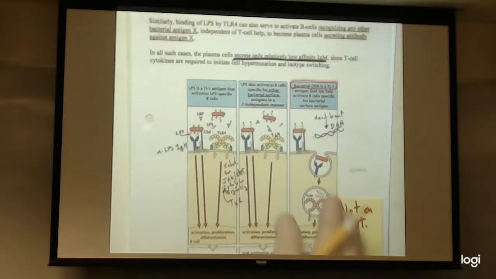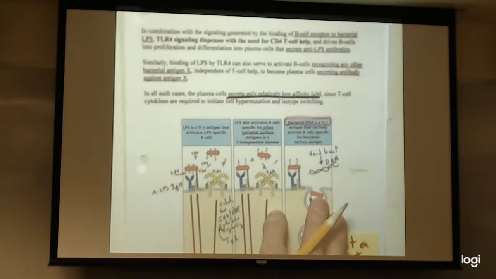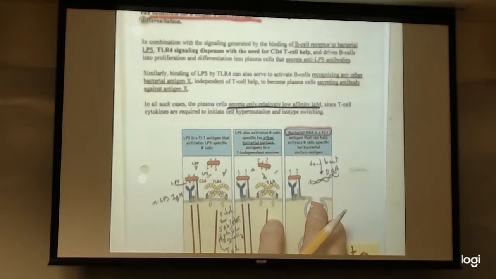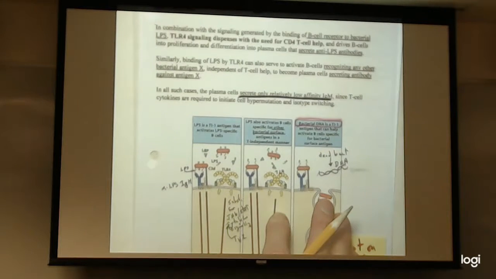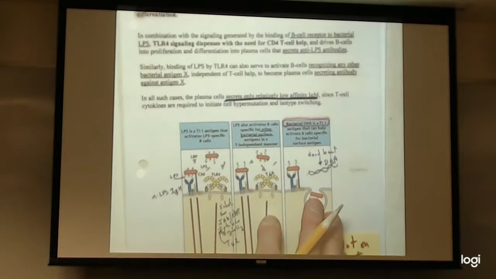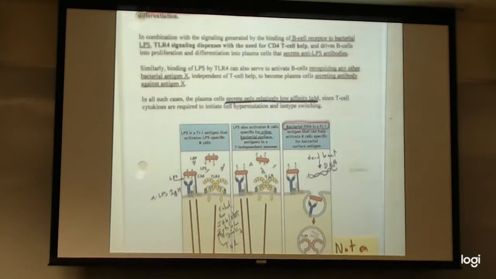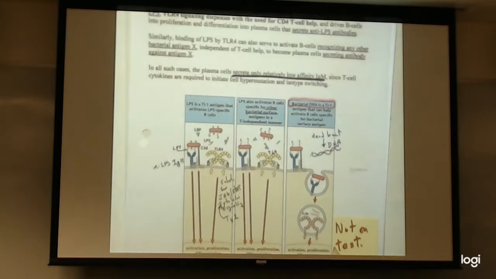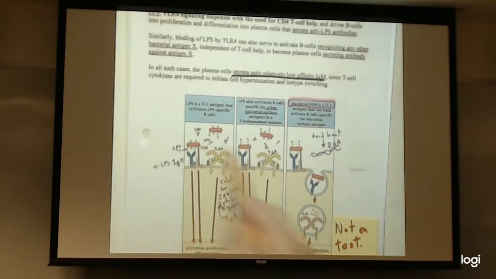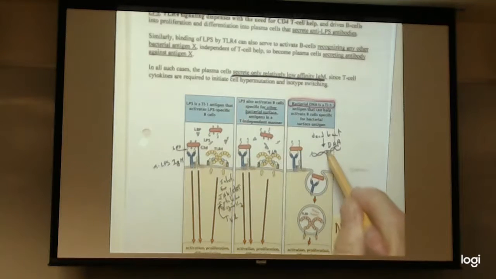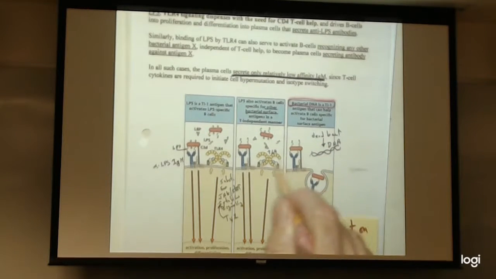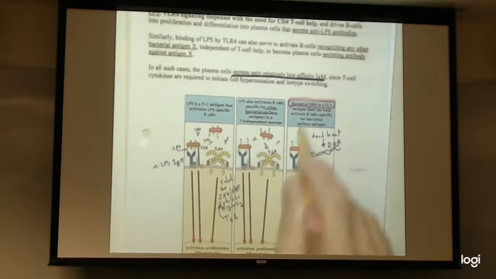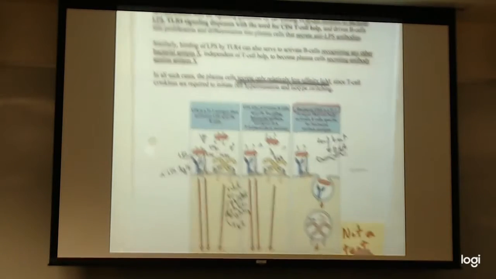Okay. Now, you remember we said that we have B1 and B2. This is the usual B2 B cells. It doesn't have to be lipopolysaccharide. It can be bacterial DNA that can also be bound by certain toll-like receptor pathways and initiate the same pathway.